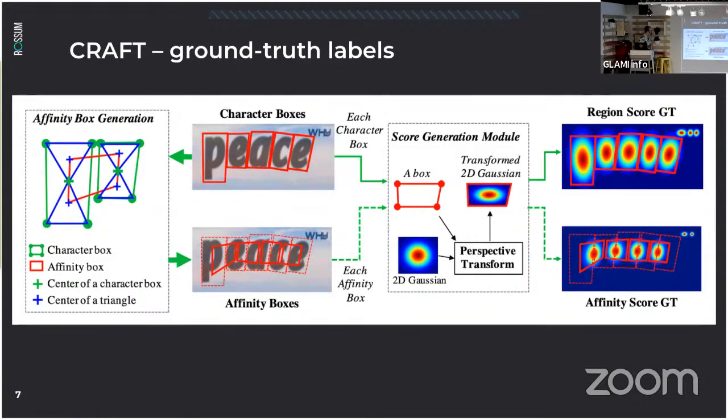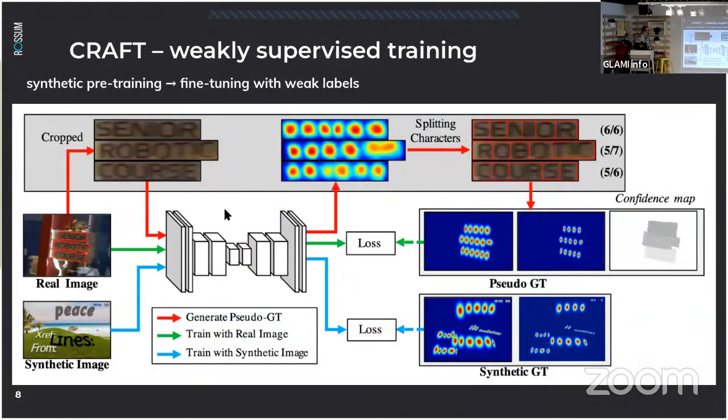But now the question is how to get those little quads for the characters. The answer is they do the training in 2 steps. We don't have data, so what can we do? We cannot afford to annotate so much data. So let's synthesize data, right?